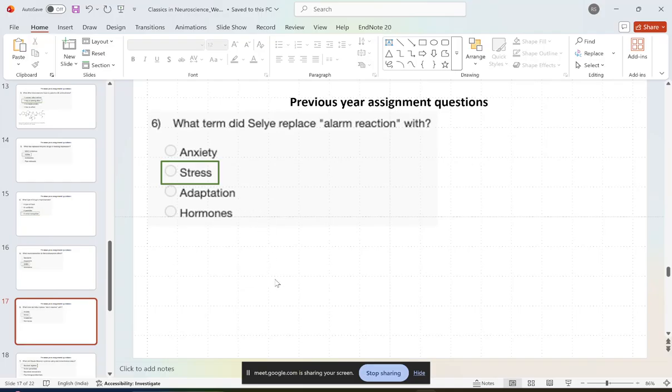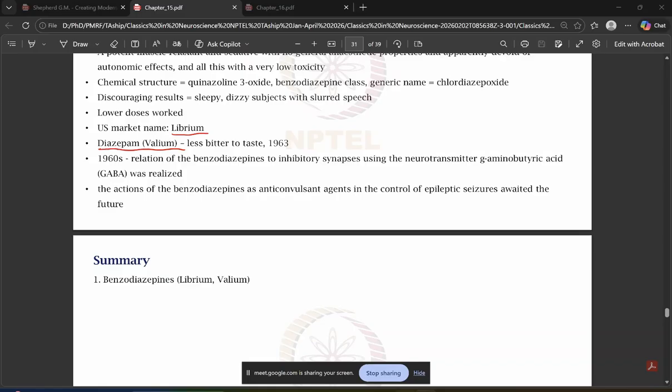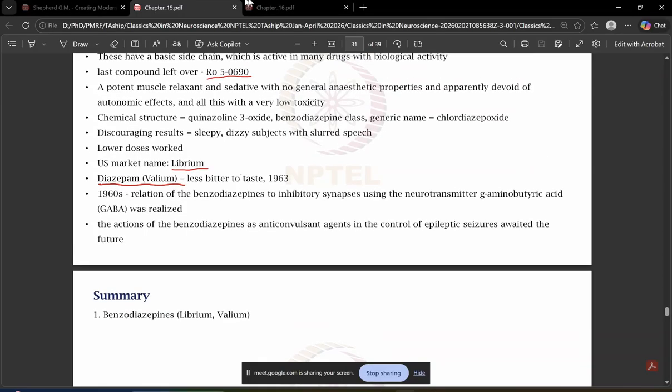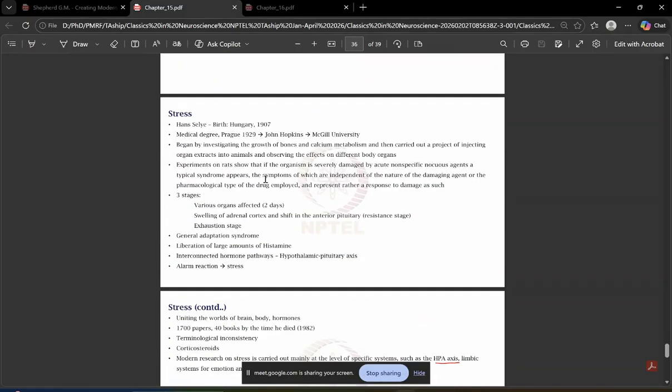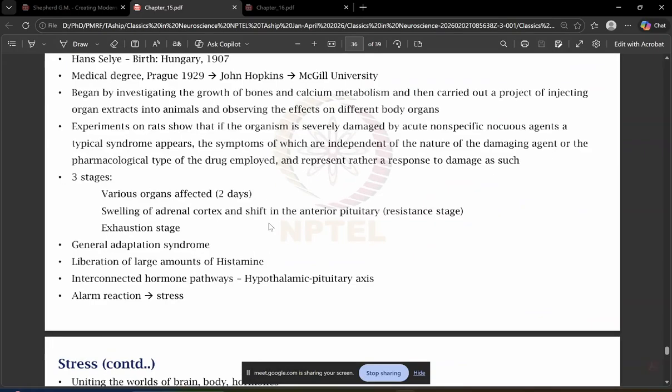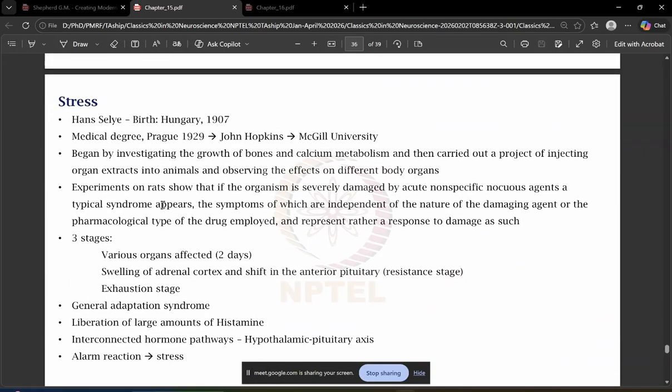Next, what term did Selye replace alarm reaction with? Again, this is something we had discussed a little while ago when we discussed what Hans Selye did and how he studied and how he coined the term stress.